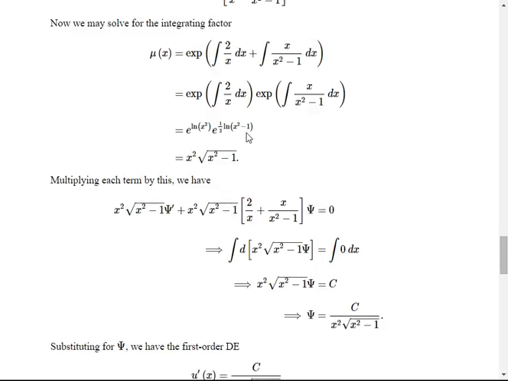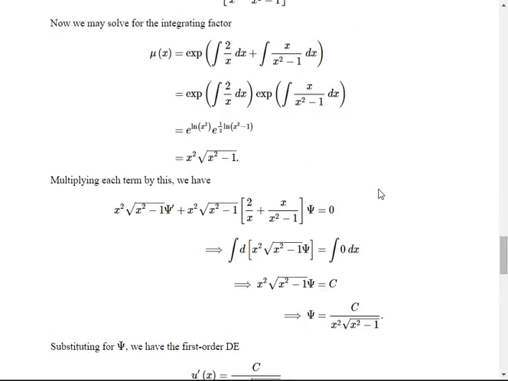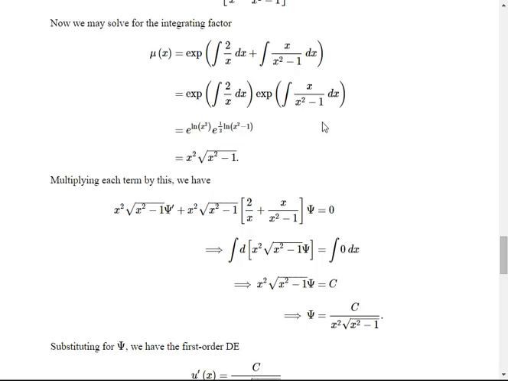I suppose I should have included absolute value symbols here, the bars. But if we are considering a domain that is only positive, then I suppose we wouldn't need them.